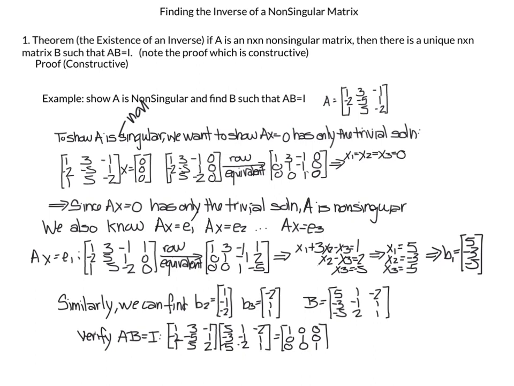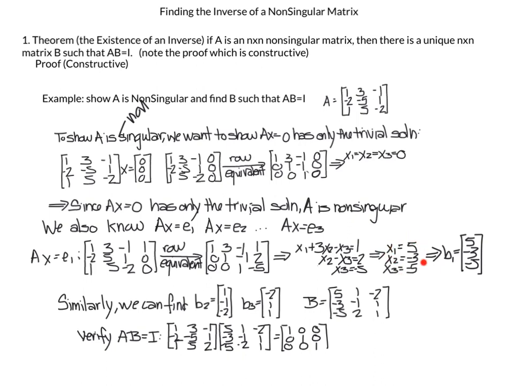Since A is non-singular, we know that AX equals E1 has a solution, AX equals E2 has a solution, and AX equals E3 has a solution. So let's look at AX equals E1. We'll start with this one. To solve this equation, we're going to row reduce the augmented matrix, and it row reduces to this matrix here, which has solution x1 equals 5, x2 equals negative 3, and x3 equals negative 5.